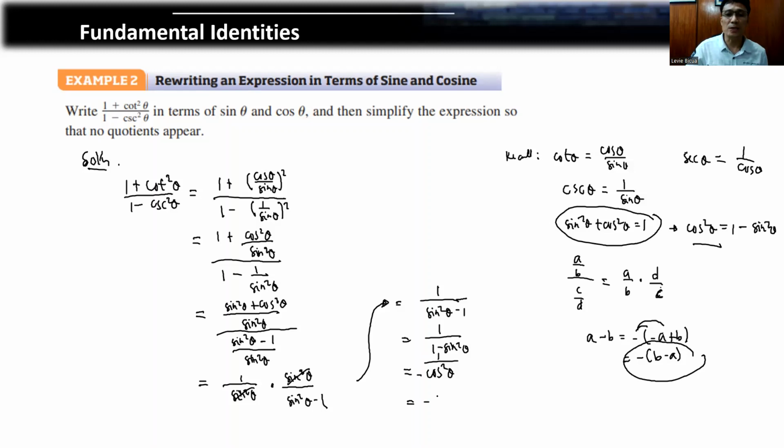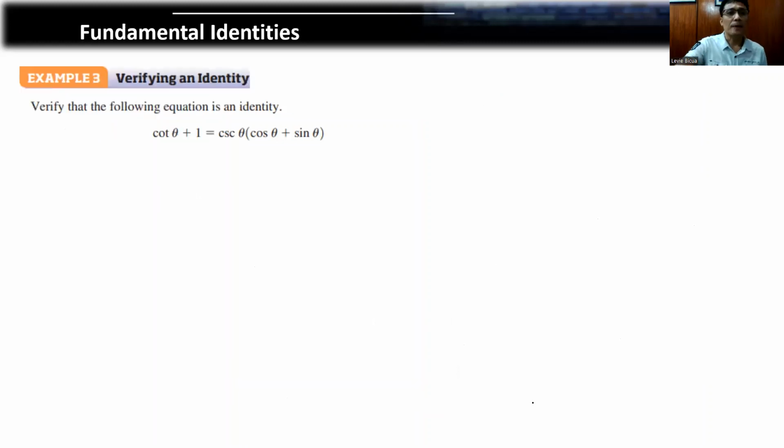So 1 over cosine squared theta is actually negative secant squared theta. And this is the simplest form of the original expression 1 plus cotangent squared theta over 1 minus cosecant squared theta, right?